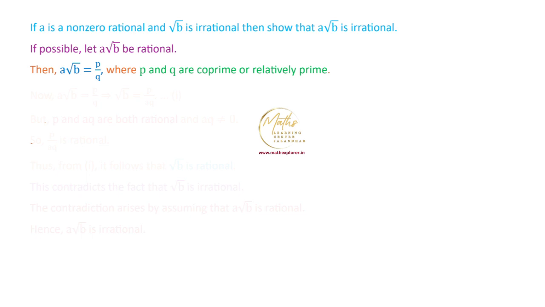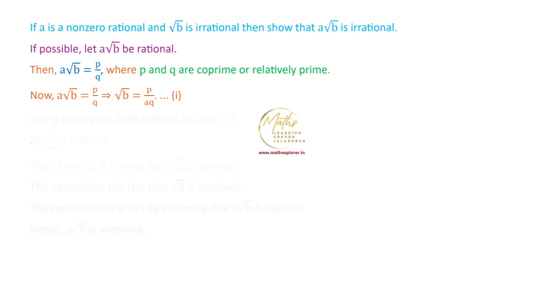Now from a square root b equal to p by q, we obtain the value of square root b as equal to p, the numerator, divided by a into q. This a we have shifted to the right hand side. Suppose this is equation number 1.